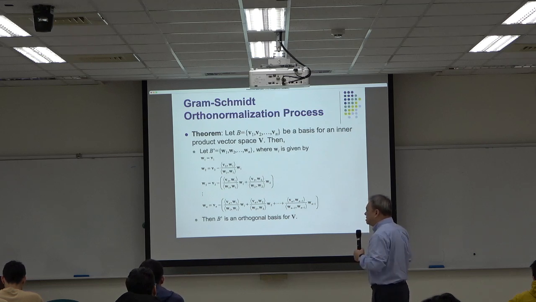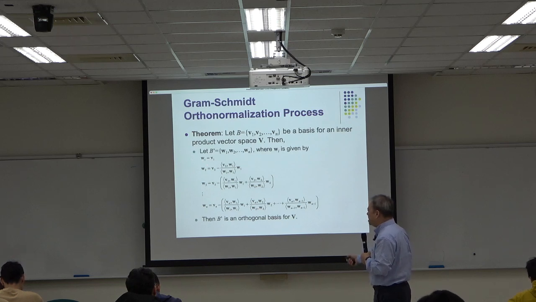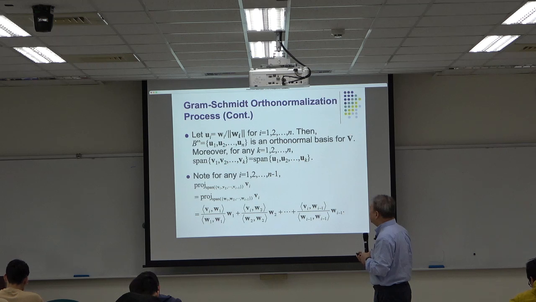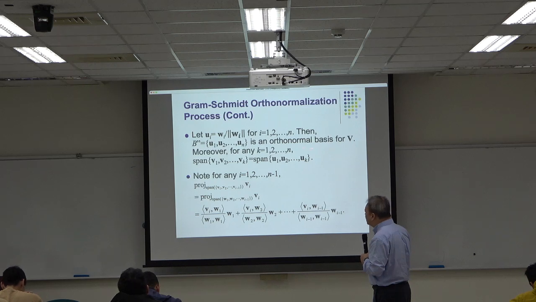So what's new in this section? Once you have an orthogonal basis, you can create an orthonormal basis. Basically, you just let ui be wi divided by the length of wi, then you get the orthonormal basis.